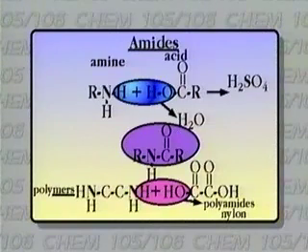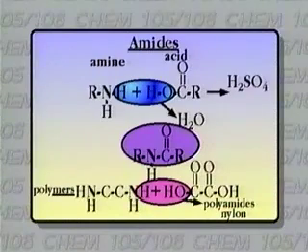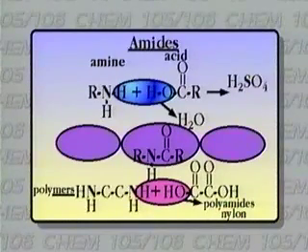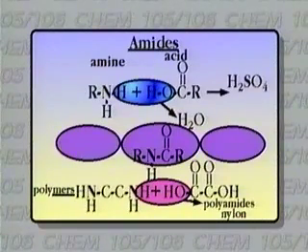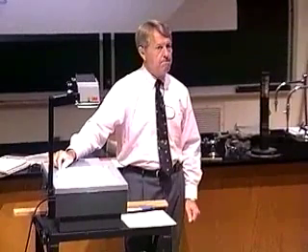Polymer means that we've taken these units, this amide, and we've done it over and over, hooking them together to make then a polyamide or a polyester material. All right. Any questions on any of those processes?